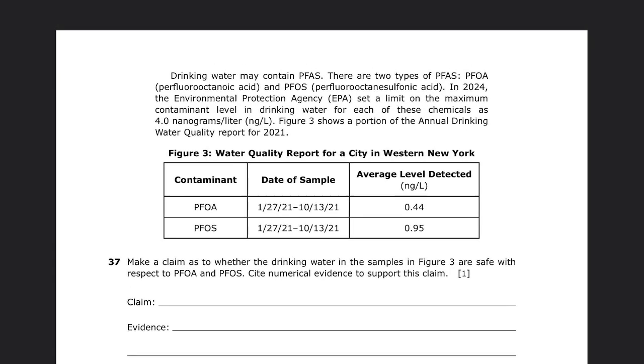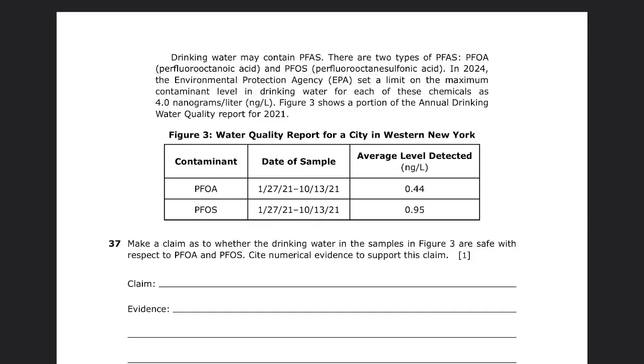All right, and then the last part to this cluster, drinking water may contain PFAS. There are two types of PFAS, PFOA and PFOS. In 2024, the EPA set a limit on the maximum contaminant level in drinking water for each of these chemicals as 4.0 nanograms per liter. Figure 3 shows a portion of the annual drinking water quality report for 2021.